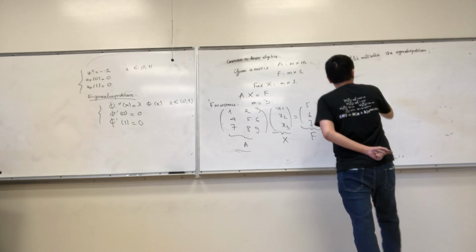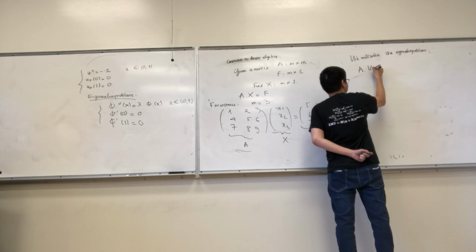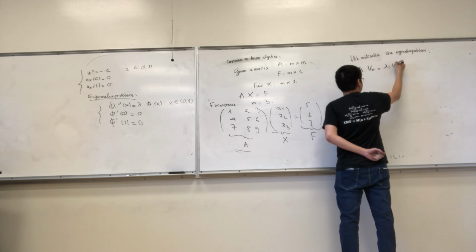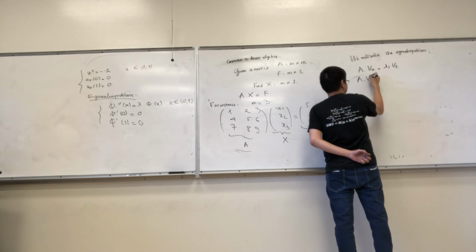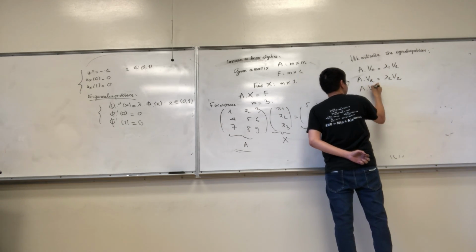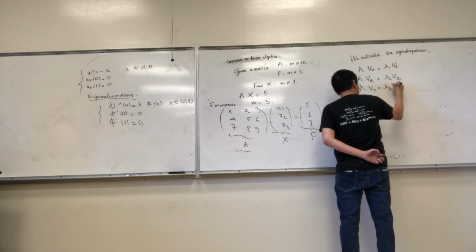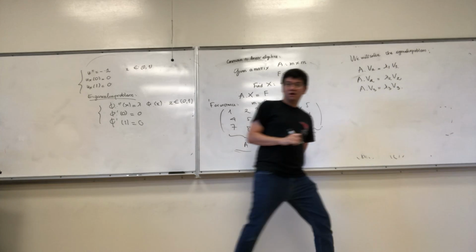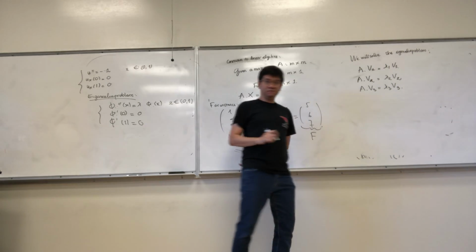All right. So you have A times V1 is lambda 1 V1, A times V2 is lambda 2 V2, A times V3 is lambda 3 V3. Is it clear?